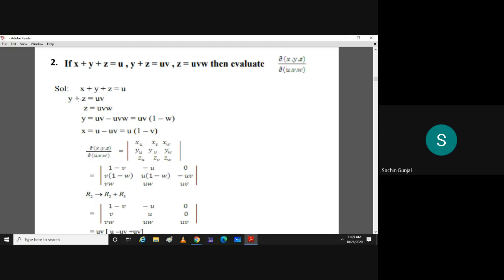So y is uv minus z, which is uv minus uvw, because z is uvw. Taking uv out, y is uv into 1 minus w. Now you have y and z in terms of u, v, w. Substitute it here and you get x in terms of u, v, w. So x is equal to u minus uv, which is u into bracket 1 minus v.